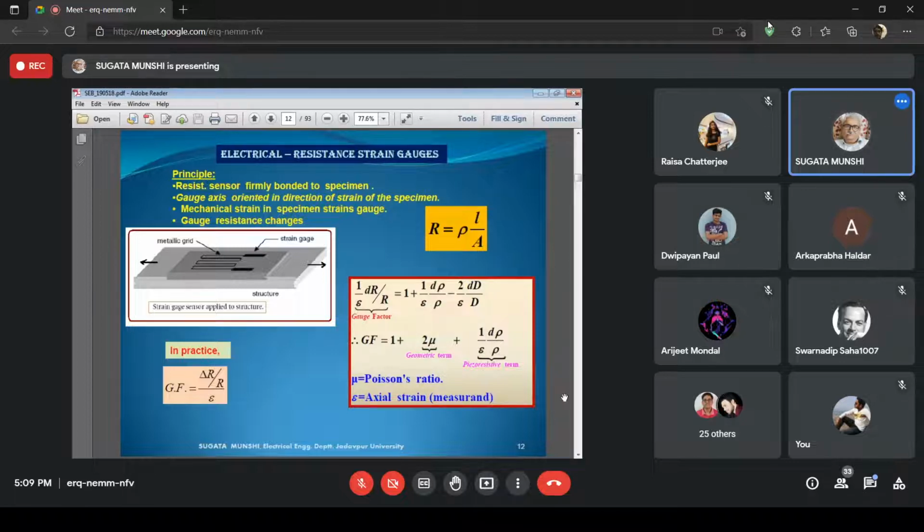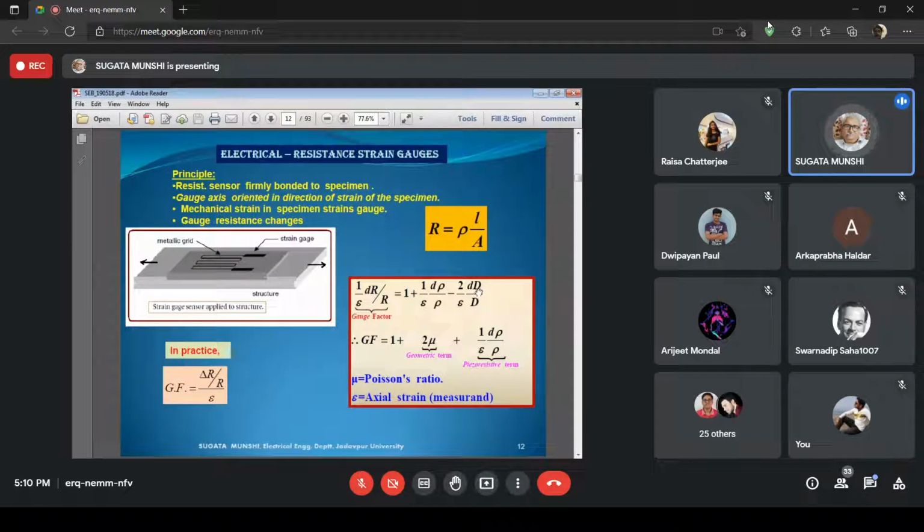The gauge factor is dR by R divided by epsilon. dR by R will be equal to d rho by rho plus dL by L minus dA by A. Minus dA by A will be equal to minus twice dD by D. What is this D?